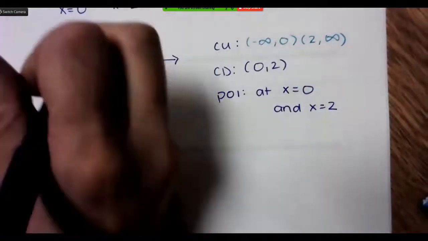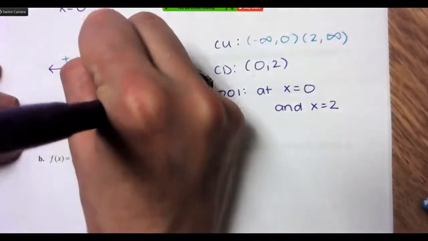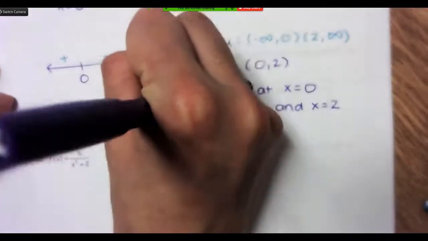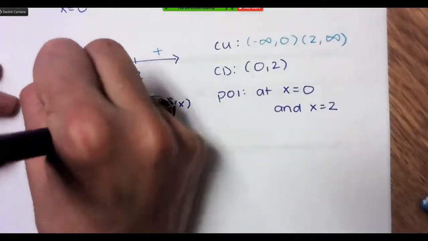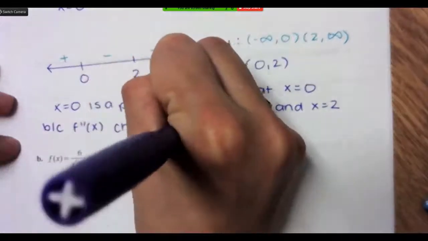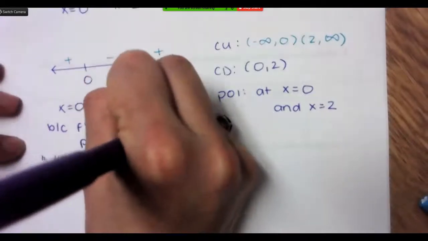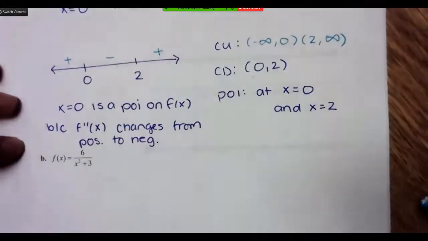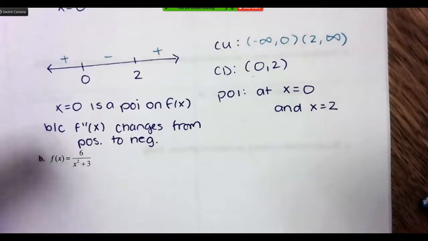So you can say x equals 0 is a POI on f of x, because f double prime of x changes from positive to negative. And then you'd say something similar for x equals 2, but you would have to talk about how it goes from negative to positive.